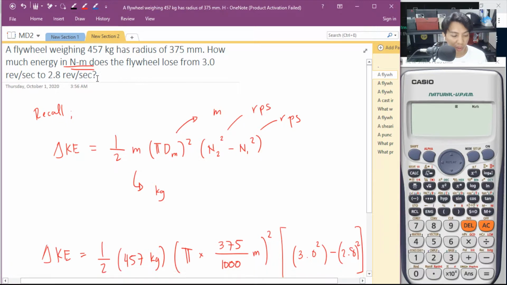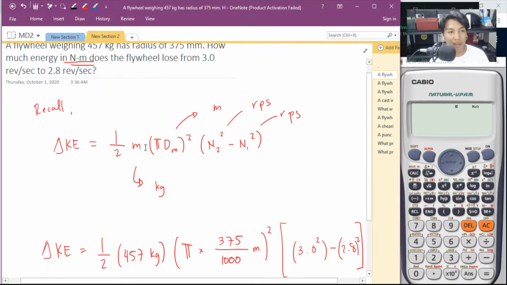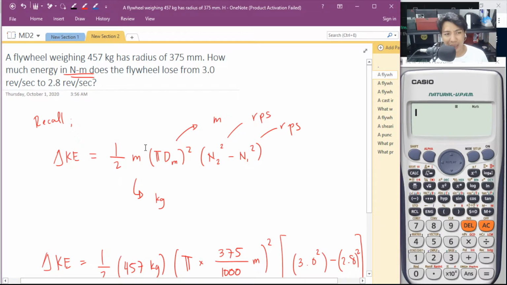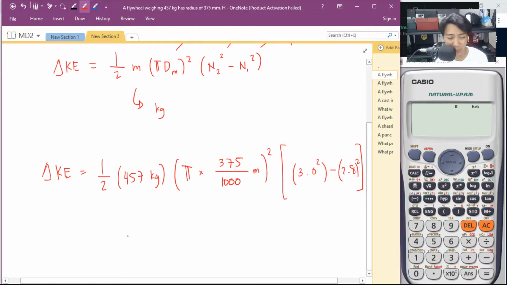Newton meter. So, ano ba ang sinabi dito? Weighing 457. So, that is not weight. Mumultiply pa natin to na 9.8. So, 1/2 times 457. Yun na pala, diretso na natin. Times 457 kg.